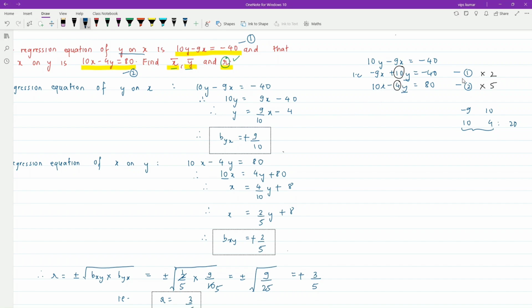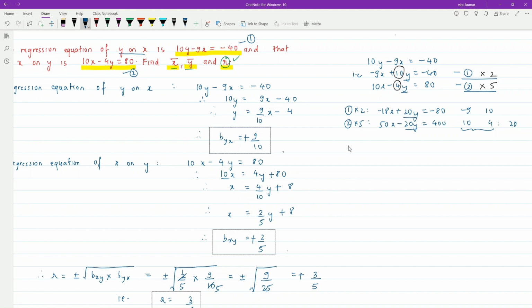So once we multiply equation 1 by 2, we get negative 18x plus 20y is equal to minus 80. And once we multiply equation number 2 by 5, we get 50x minus 20y is equal to 400. You can see that the signs of the coefficients of y are opposite.